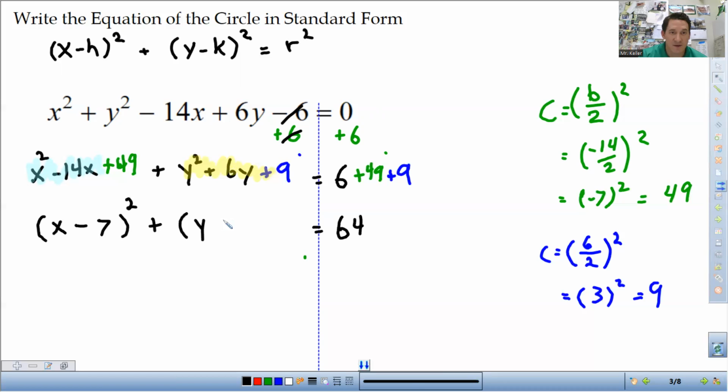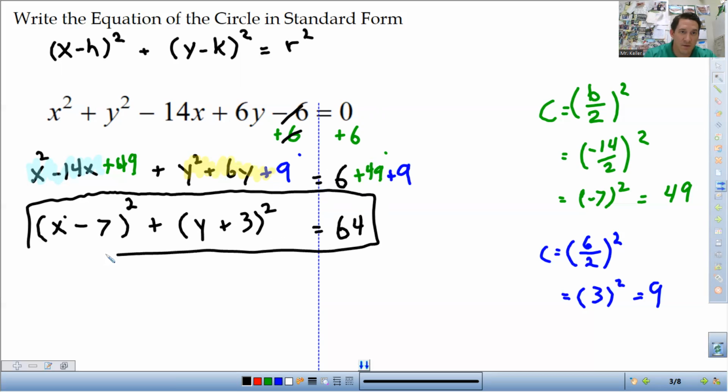It's plus here, half of this, so (y plus 3) squared. So we are factoring this. It's a perfect square trinomial. Again, if you need a refresher, check out the video for completing the square. But that is it. We have our h and k. We are done. So to write the equation of the circle, it is two completing the square problems.